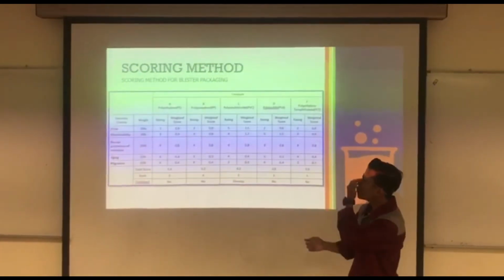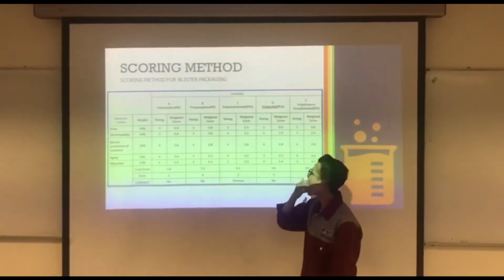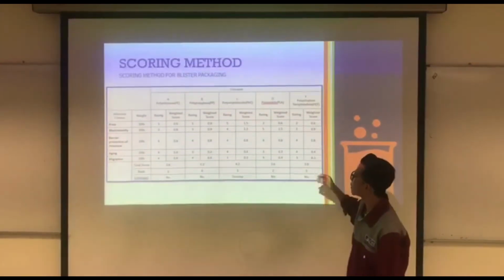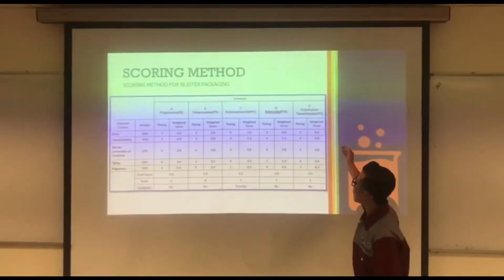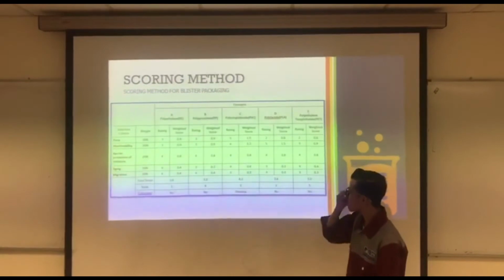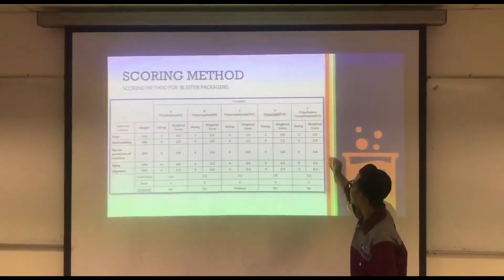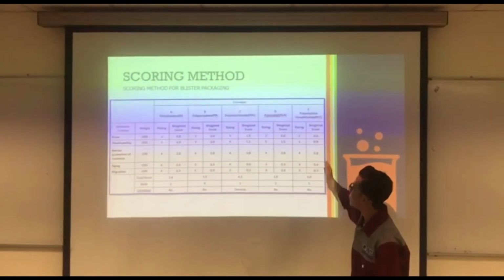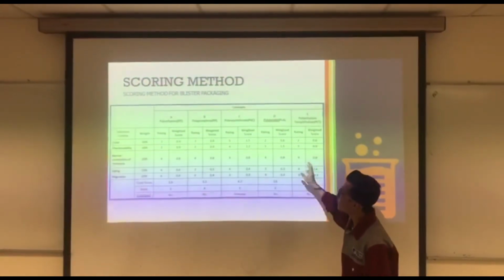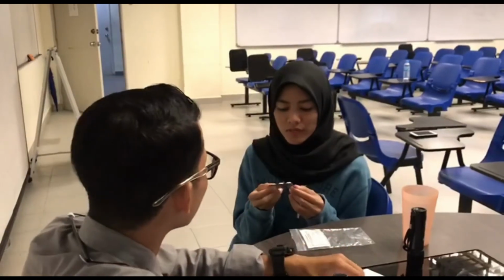Next. So this is the scoring method. We can see the criteria, and this is the value for the scoring method. Okay. Oh, now I know.